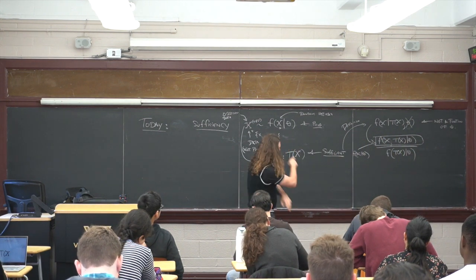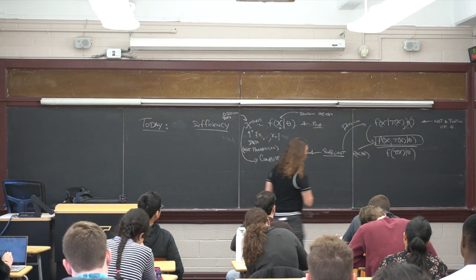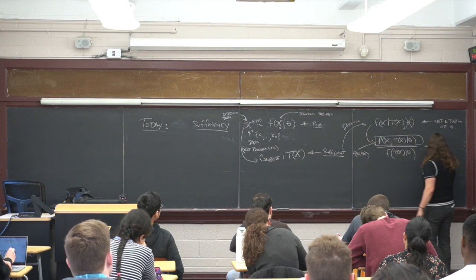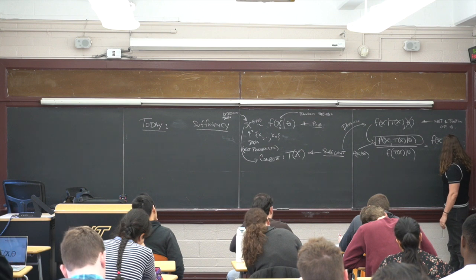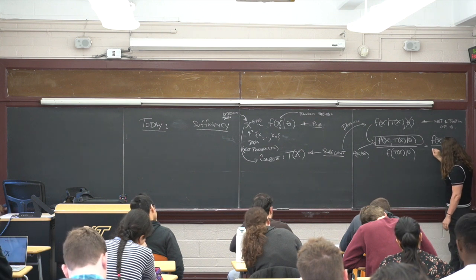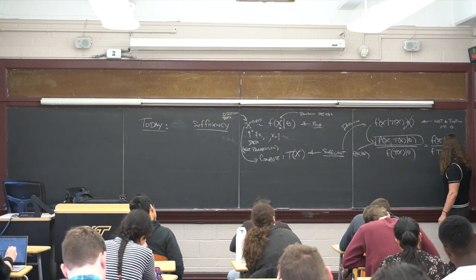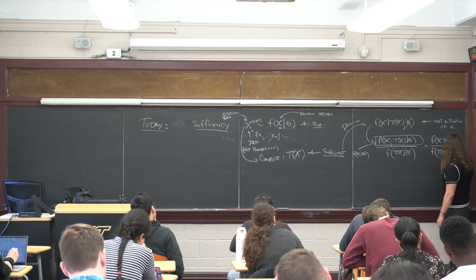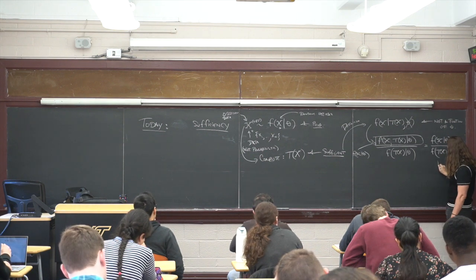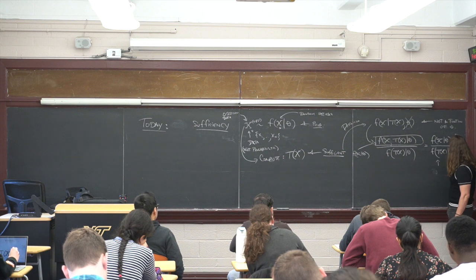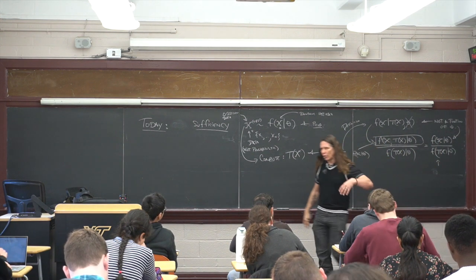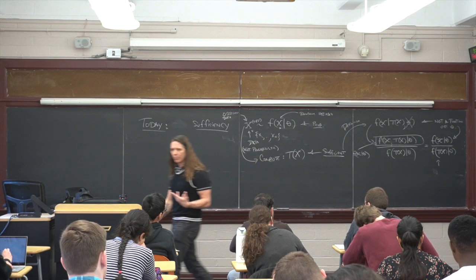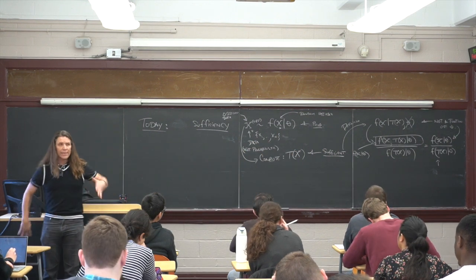When I understand it like this, it's just the ratio of f of x given theta to f of t of x given theta, and I'm saying this thing is not a function of theta, then I know that all the action with theta in the numerator and the denominator are canceling each other.